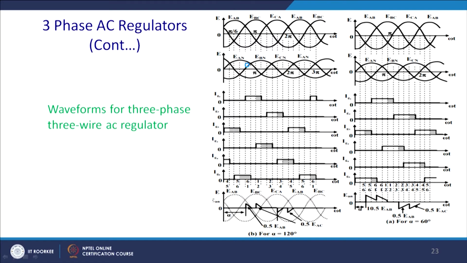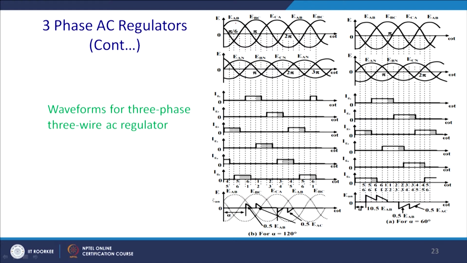So, what we have seen in the case of the converter in the AC to DC application, these are the 3-phase voltages, these are the phase voltages, and these are the line voltages.